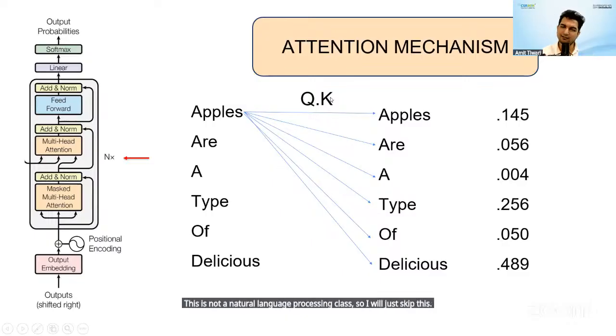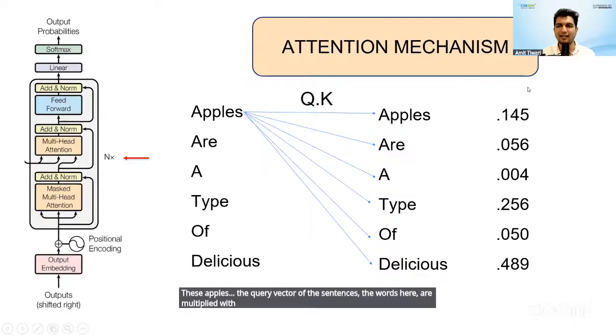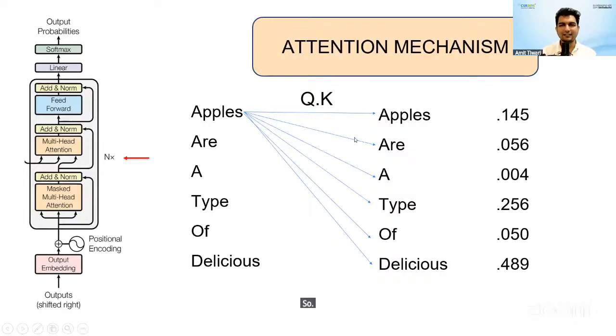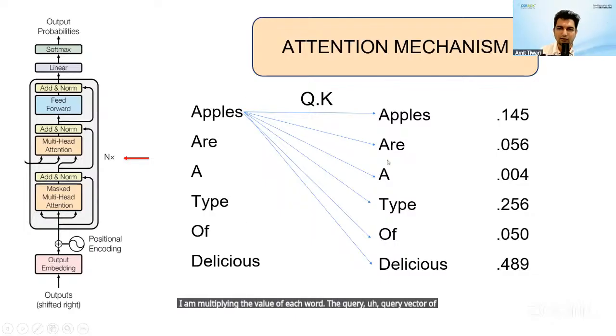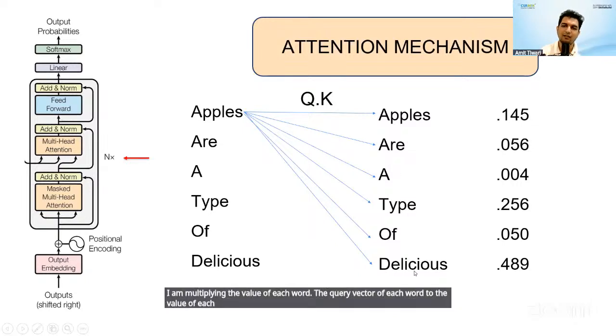The query vector of the words here is multiplied with the key vectors of each word, and a value is being retrieved. So basically, in the input that I have put, I am multiplying the query vector of each word with the key vector of each word that I have obtained by training, and I'm getting some value.